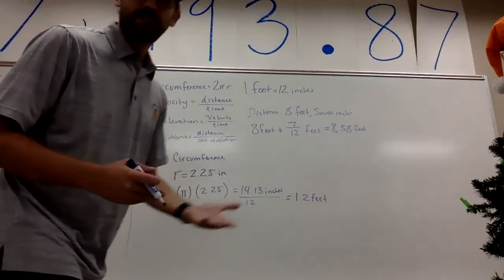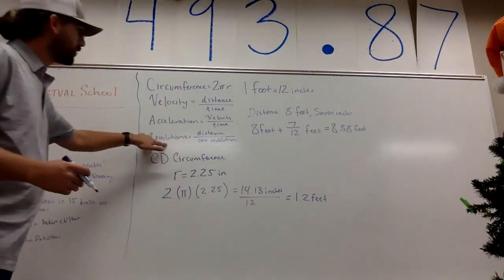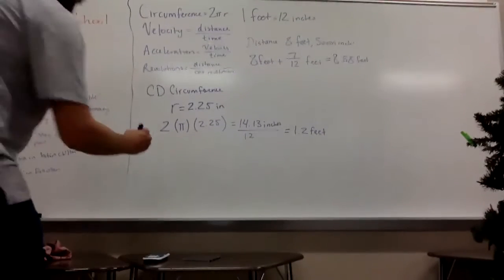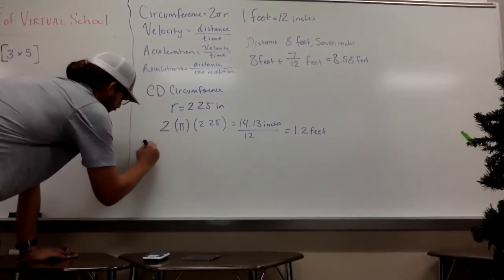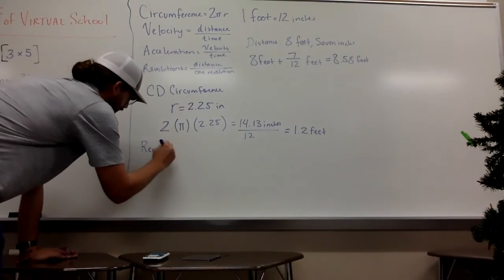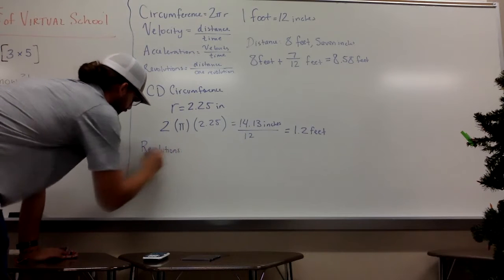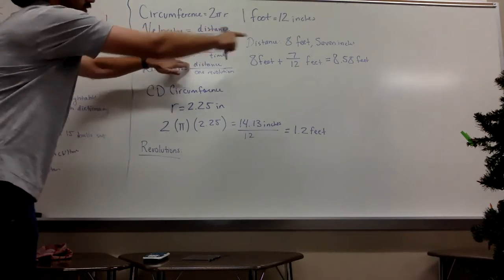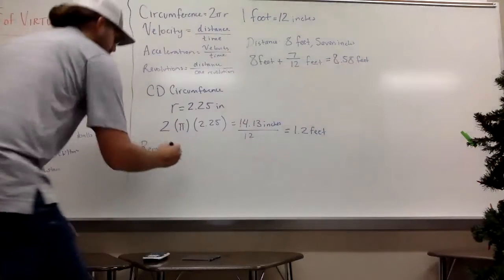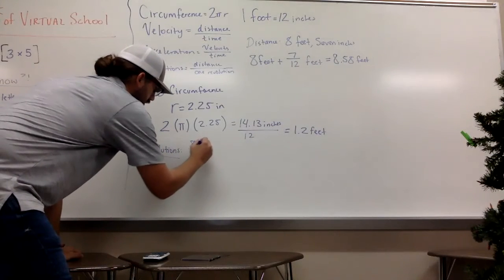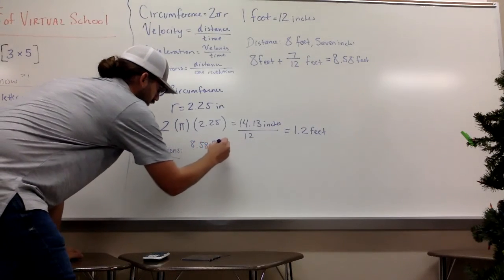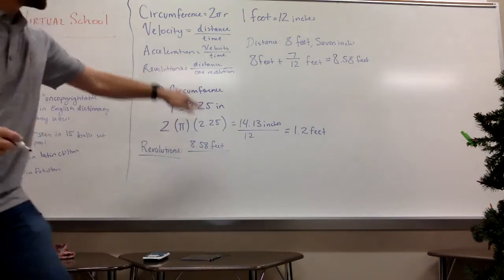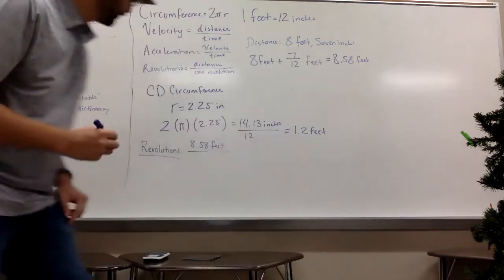So now I've got everything I need to calculate my revolutions. If I come down to the bottom, I calculate revolutions. Revolutions is total distance, 8.58 feet, divided by the measurement for 1 revolution, 1.2 feet.